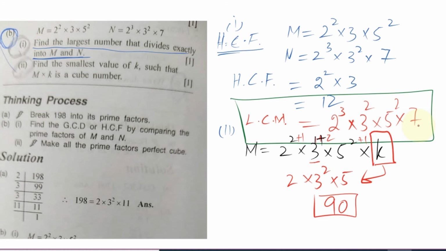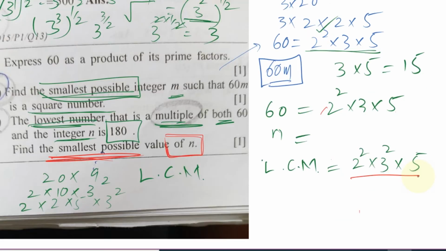The numbers which are common, we take their highest power. Now here we can see 2 square. So we can say 2 square has come from 60. Even if we don't take 2 in n, it will make no difference for the LCM, because the 2 square can be taken from 60.